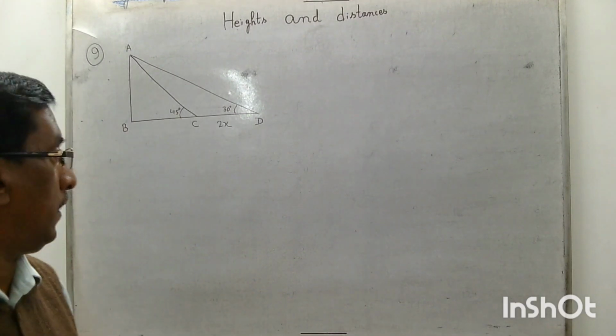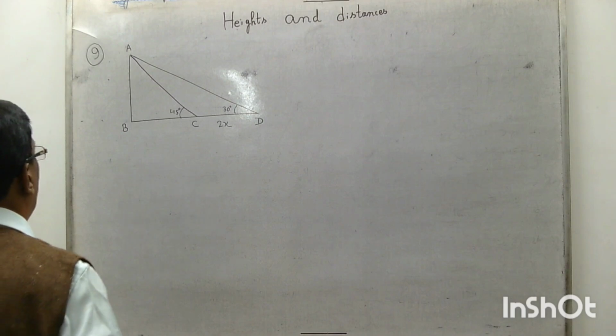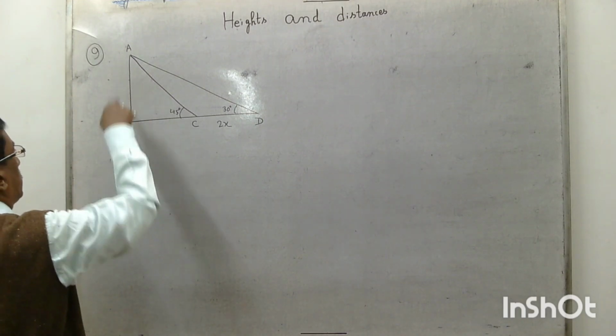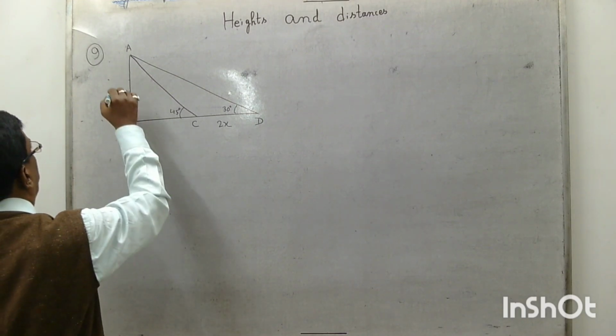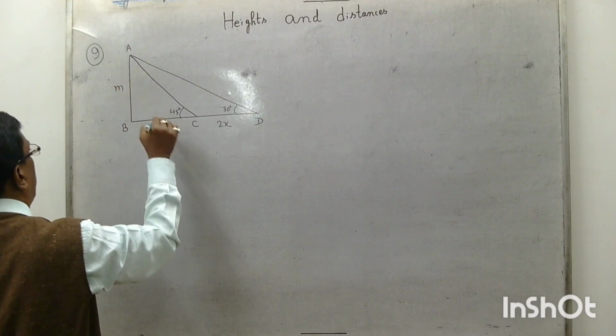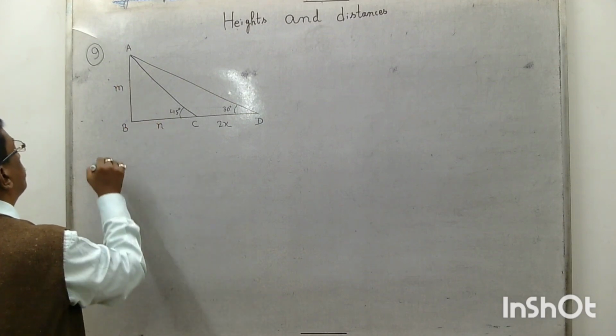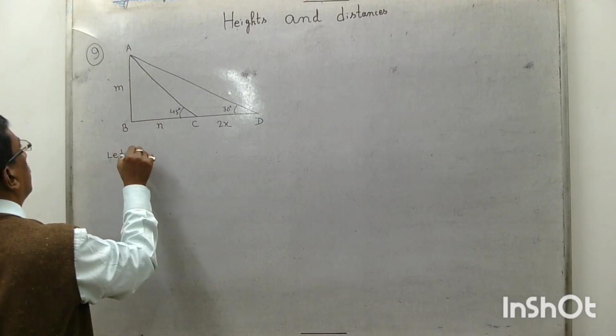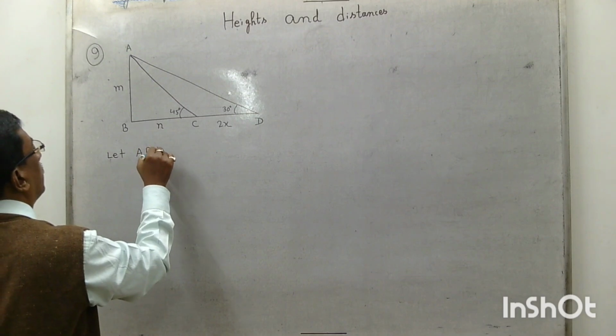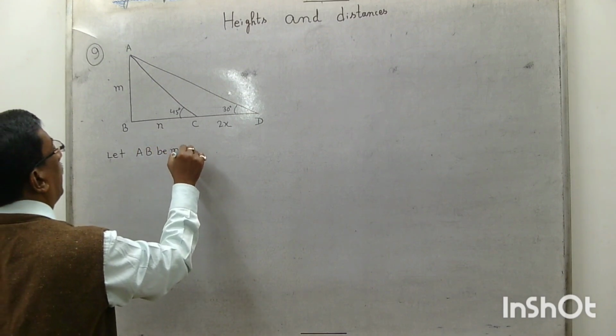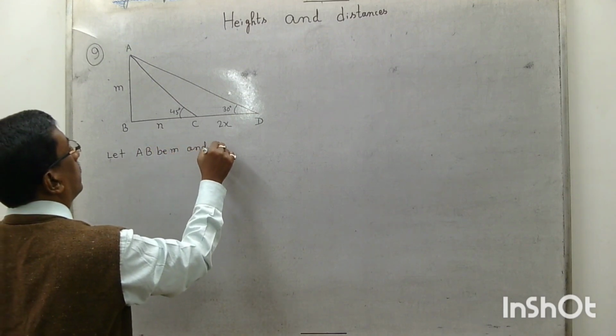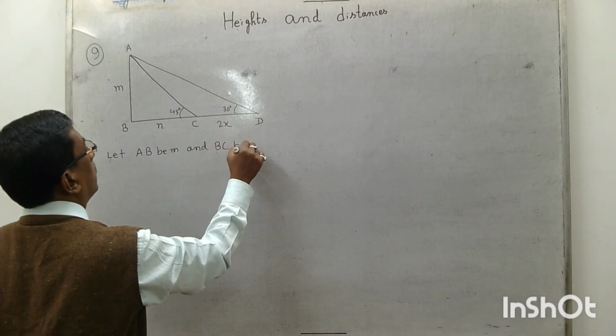Let's see what is AB. Now, let AB be M and BC be N.